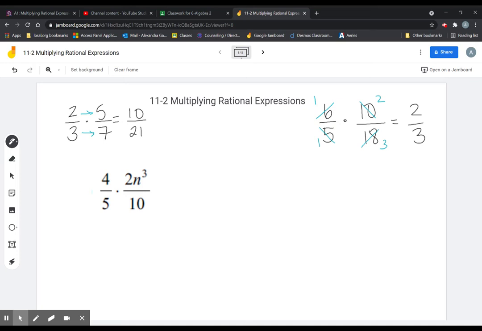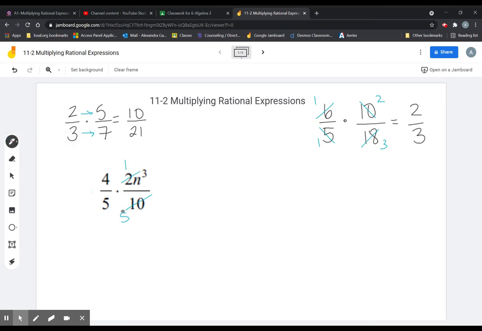So if I have 4 over 5, these look kind of similar, and 2n cubed over 10, I could multiply across and then cancel, or I can look for common factors for 2 and 10, and I can cancel it down that way as well. I have a 2 that I can factor out of both, and now I can only cancel top and bottom.